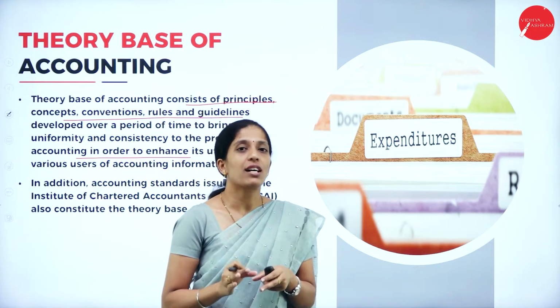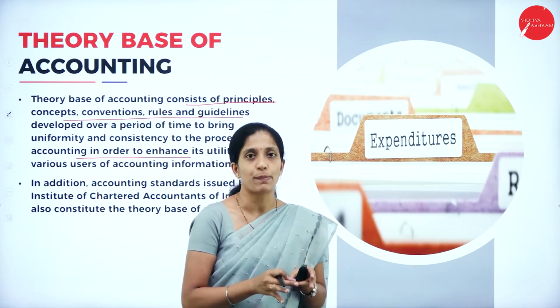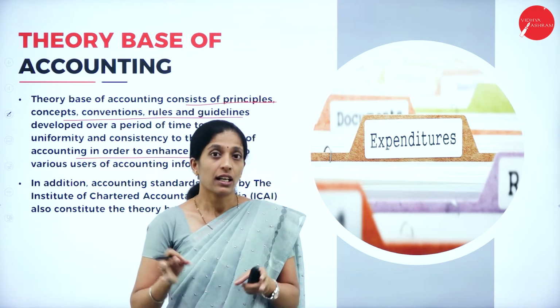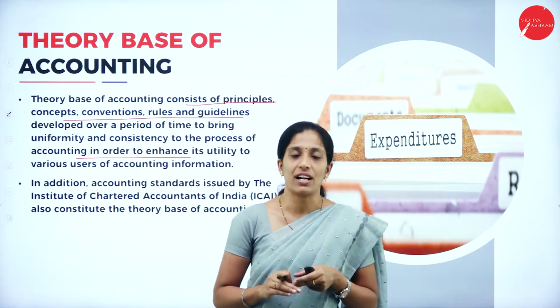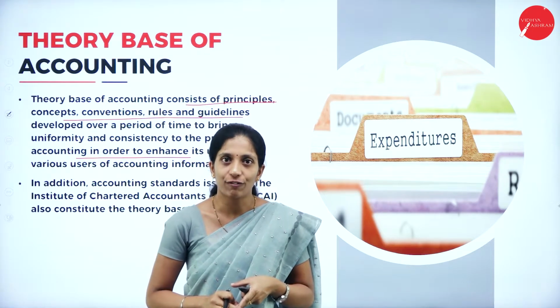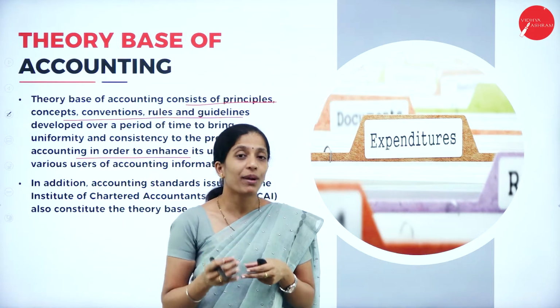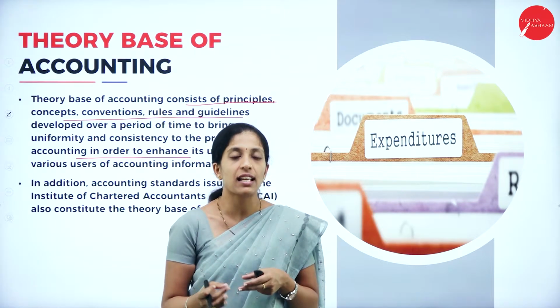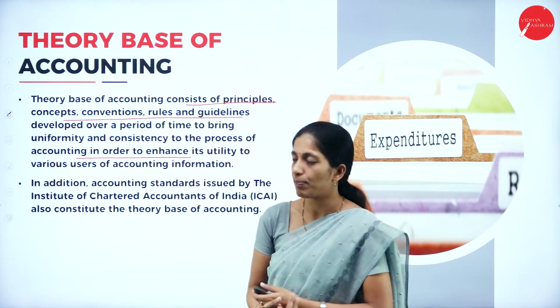If one organization is following all these theoretical aspects and the other is not, then the profitability of these two organizations cannot be compared because there is no uniformity in the accounting information. So, to bring uniformity and make the comparison very easy, the theory base of accounting is very important.